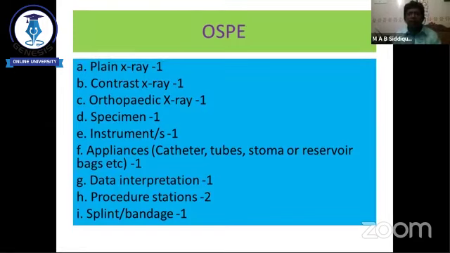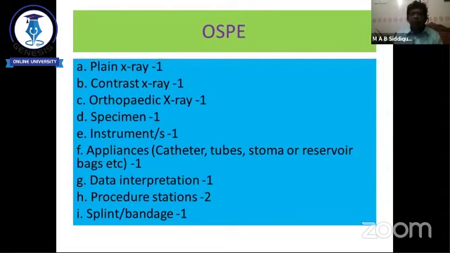Allocated time is 3 minutes in each station, allocated marks are 6 in each station, and total marks are 60. In general surgery, this slide shows the 10 stations produced by the university.